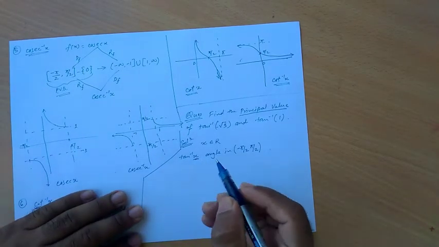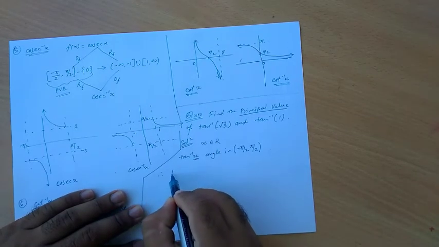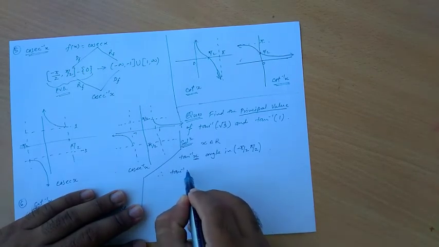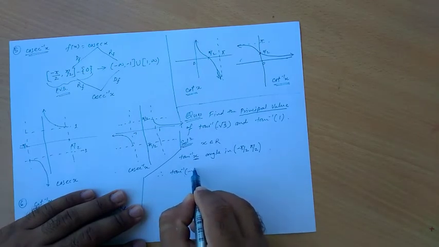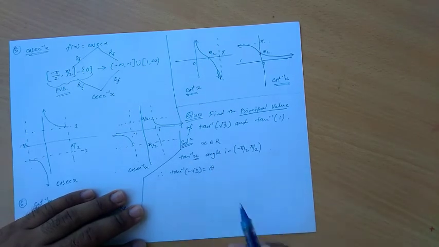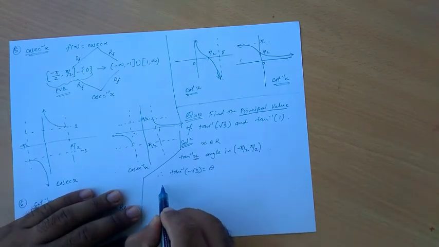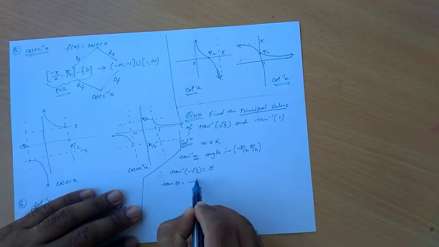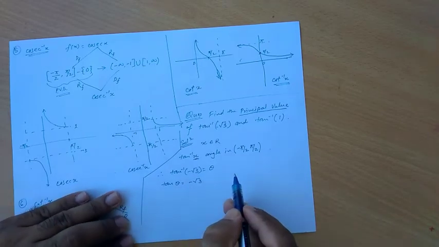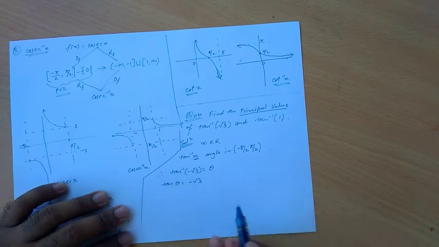Okay, so we can consider tan inverse -√3 equal to theta, therefore tan theta equal to -√3.